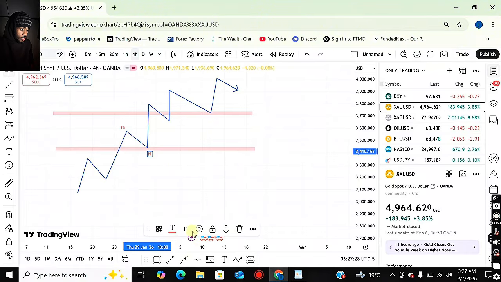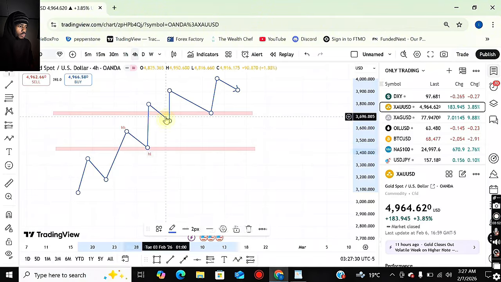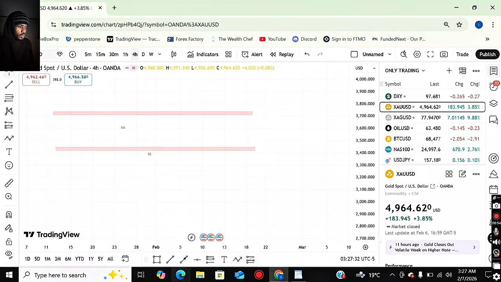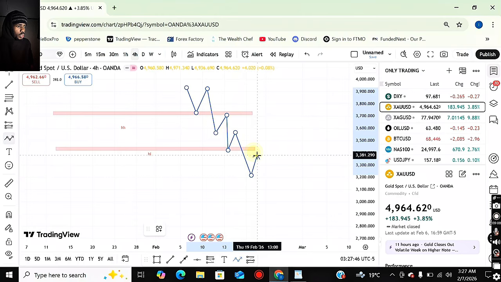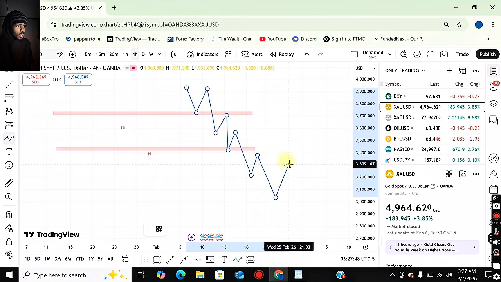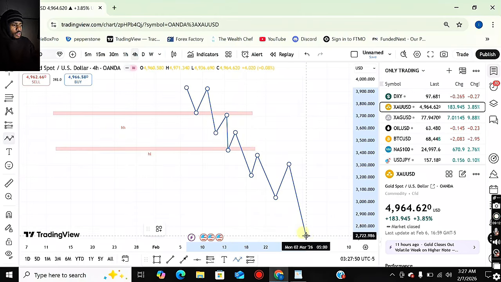Now I can show you something else. Whenever the market is in a downtrend, it is going to do this. This is what the downtrend will look like. Price will keep coming down, right?